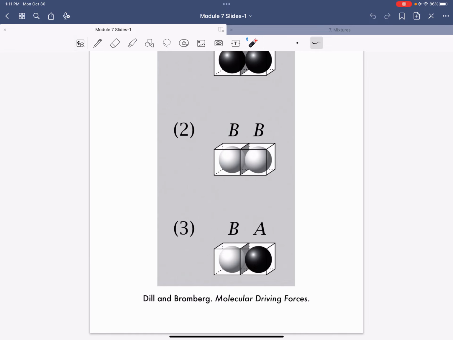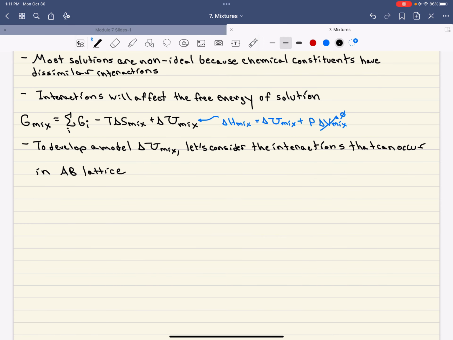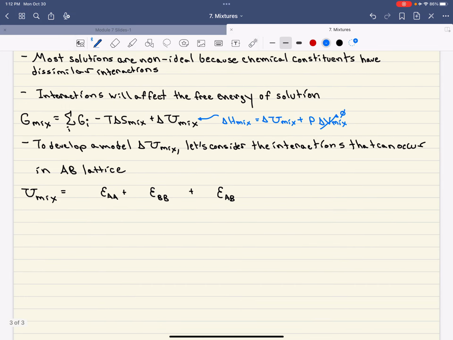Okay, and so if we consider just the internal energy of the mixture, not the change, but if we have the mixture, what is its internal energy? Right, it's going to be a function of the energy of each type of interaction. And so this epsilon is the bond energy. And it's also going to be a function of the number of each type of bond.